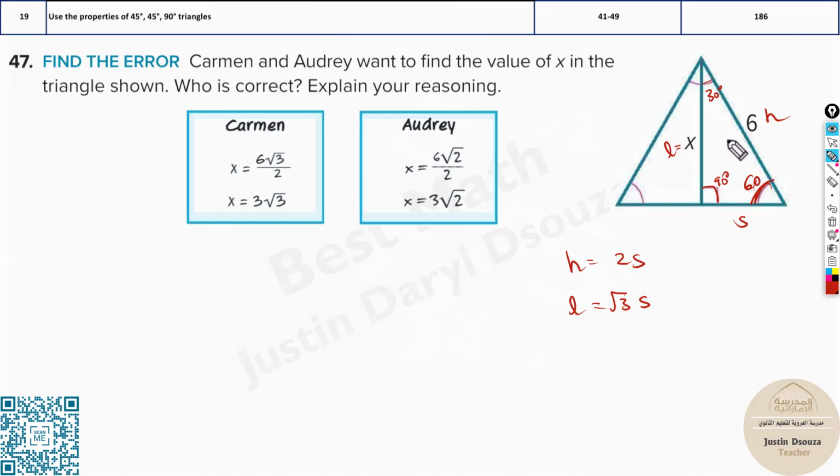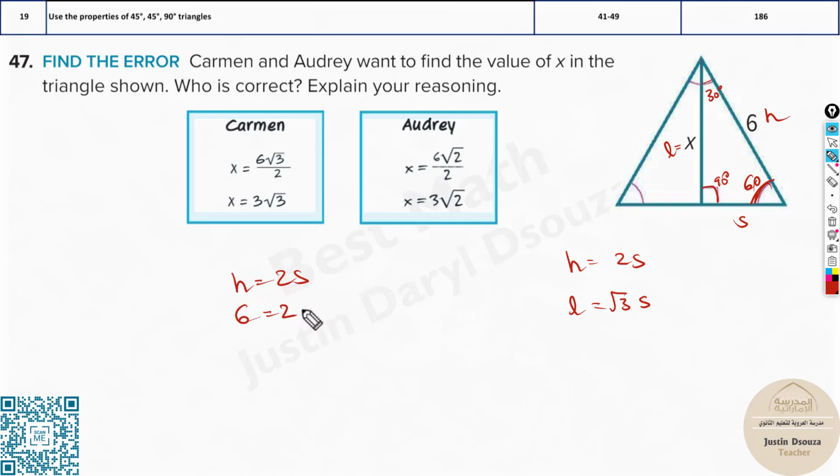Now, what can we find out? We know h, and we know x is L. So, do we have anything? No, we don't have anything for that. But we know the h value, so we can find the s value. Easily we can find the s value. So, h is equal to 2 times s.